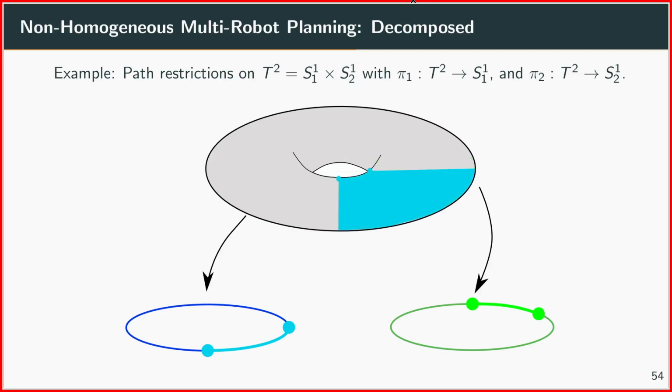And then you compute the path restrictions. So for the first robot, this could be a path restriction, which is basically just singling out the coordinates here for the robot on the first coordinate. And then you do the second one here for the second robot. You get again a path restriction.